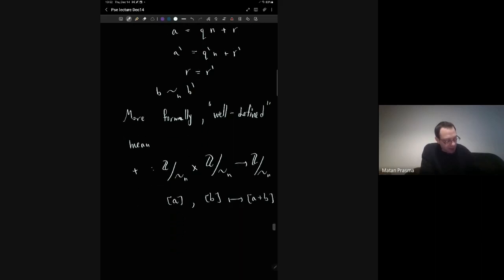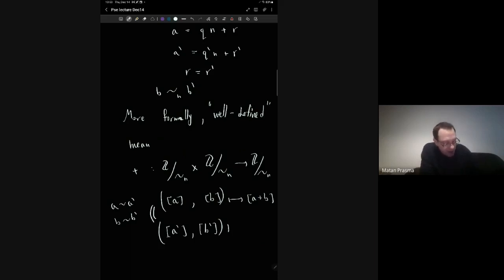Namely, I give you the input of A prime and B prime, where, as before, A is equivalent to A prime and B is equivalent to B prime. So these, as pairs of elements in the quotient set, are equal, right?